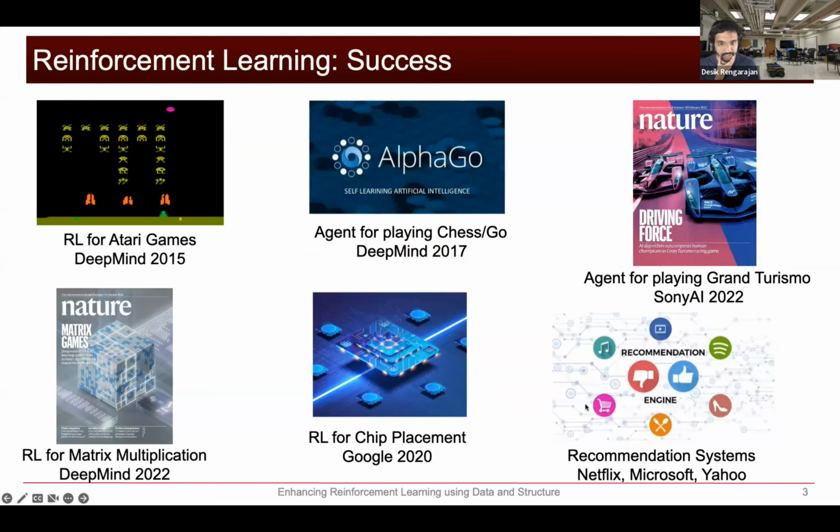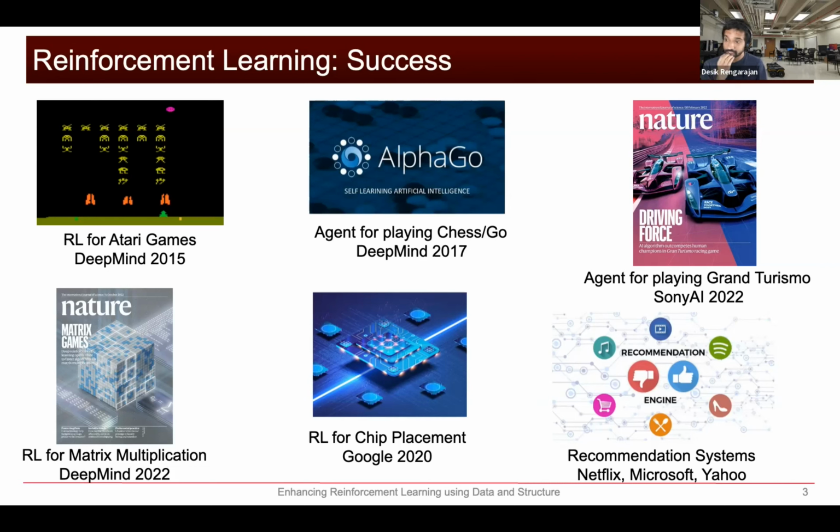Reinforcement learning in the recent past has seen quite a lot of success. For example, in 2015, DeepMind came up with deep Q learning for Atari games, which was really popular. Then until 2017, DeepMind came up with AlphaGo, which beat players in the game of Go and chess and so on.